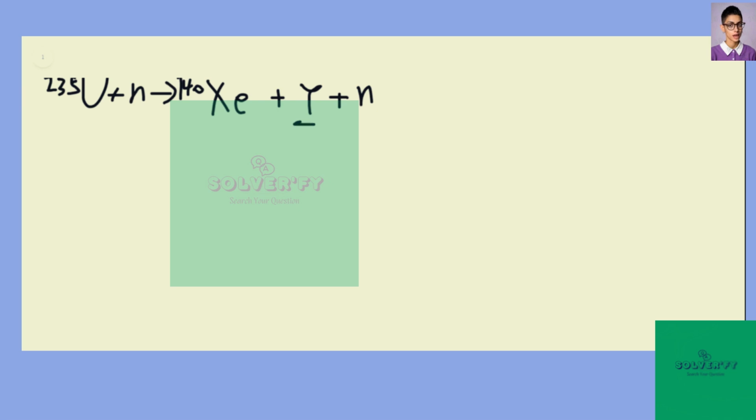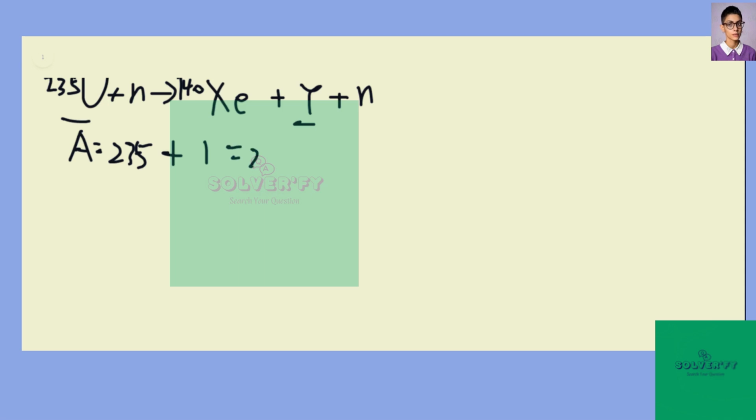On the left-hand side, we can count the total mass. The total mass, A, is equal to 235, which is the mass of the uranium, plus the mass of the neutron, which is 1.